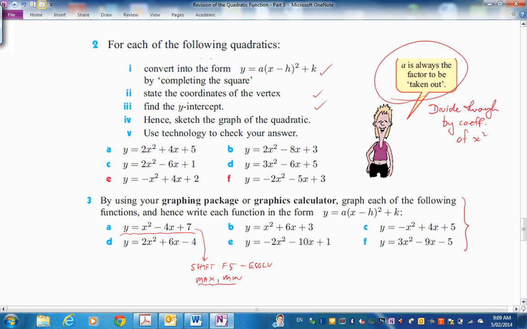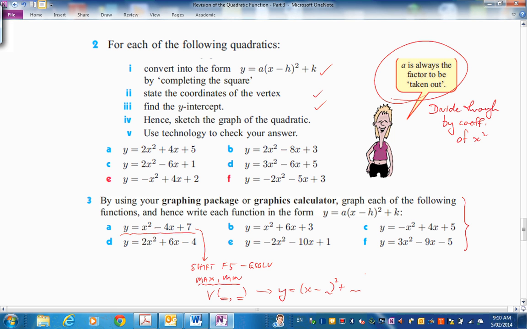Then when you've got this, of course, this max or min is a vertex. So once you've got those numbers, you can use them in the form y equals x take the x value of the vertex squared plus the y value of the vertex.